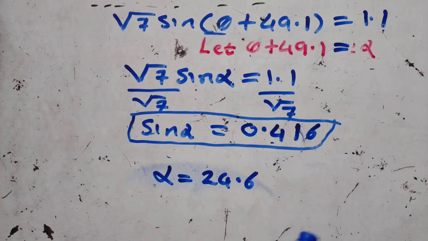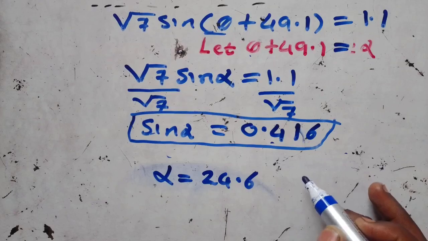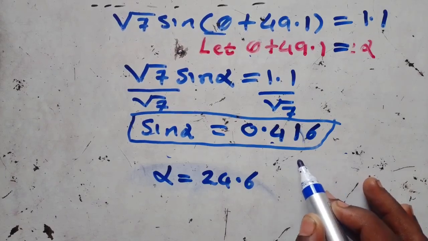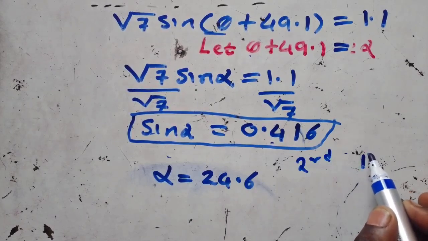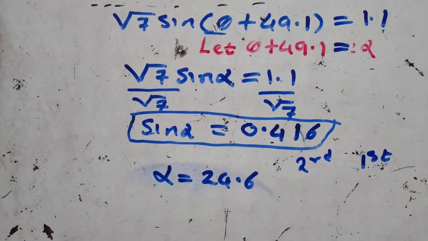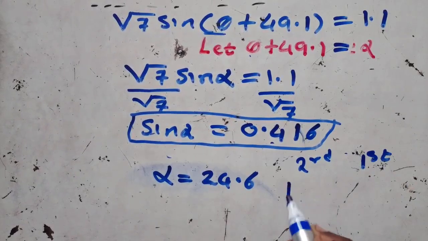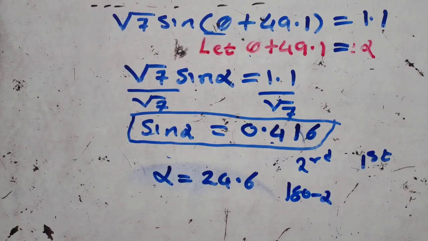When you go on your quadrant, you find that sine is positive in the second quadrant and the first quadrant. In the second quadrant we do 180 minus acute, and in the first quadrant we just get acute equals acute.